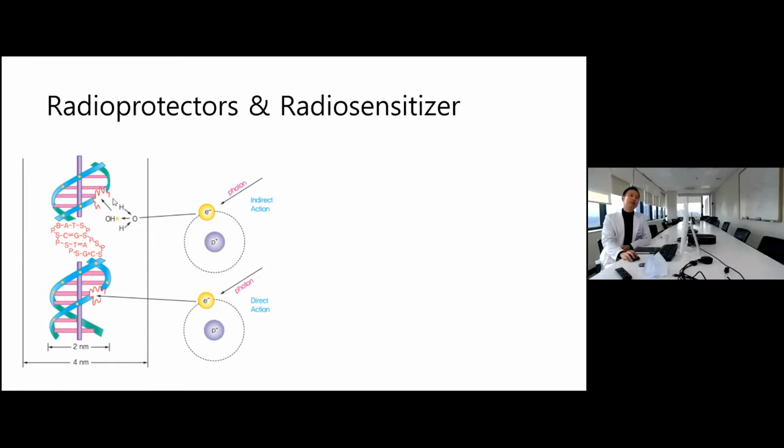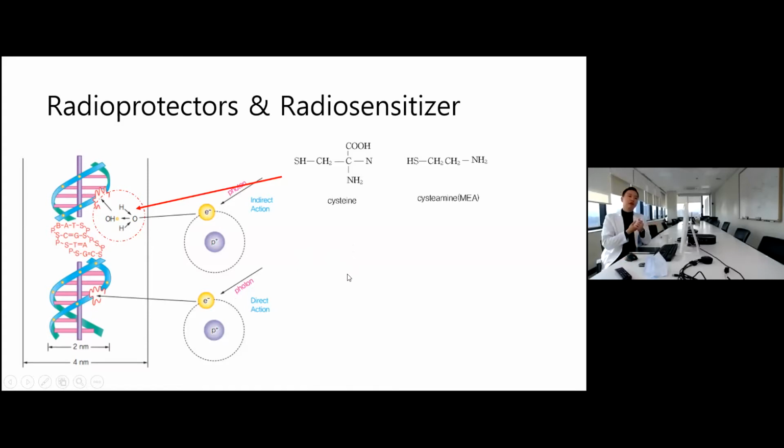However, it might be easier to control the indirect part. And so radio protectors have been produced for this part. The problem of the indirect action is that the radiation makes free radicals.